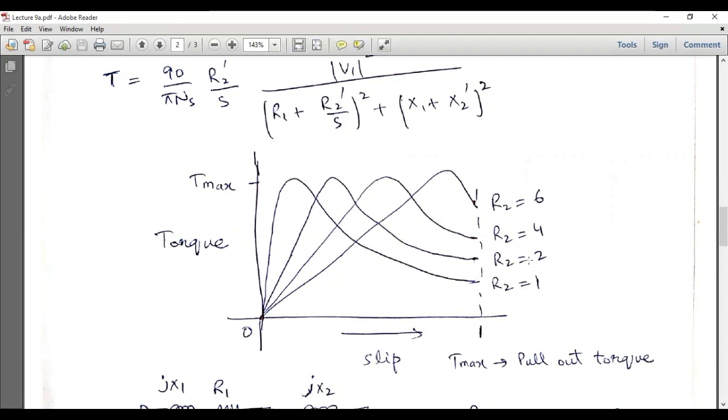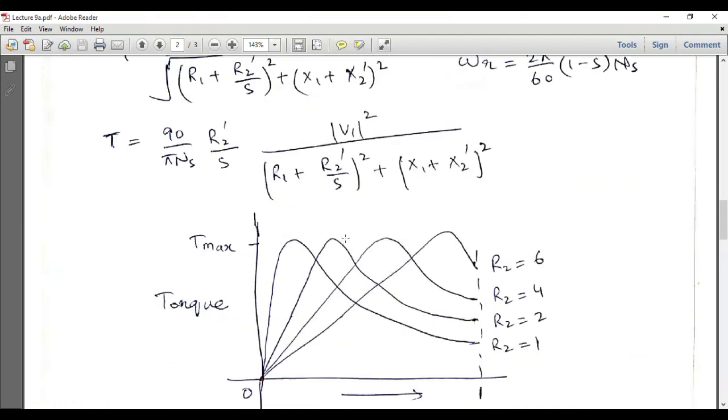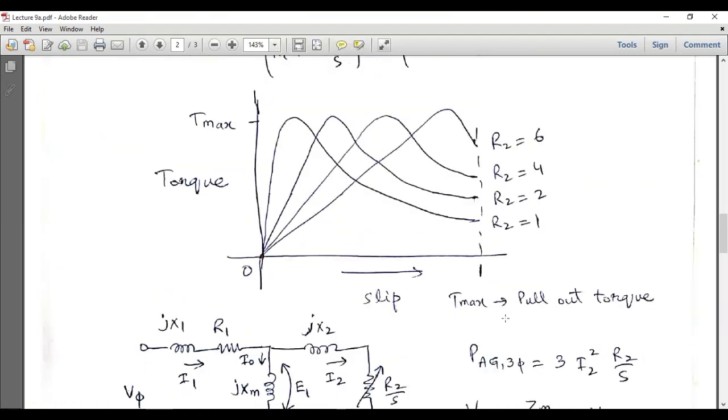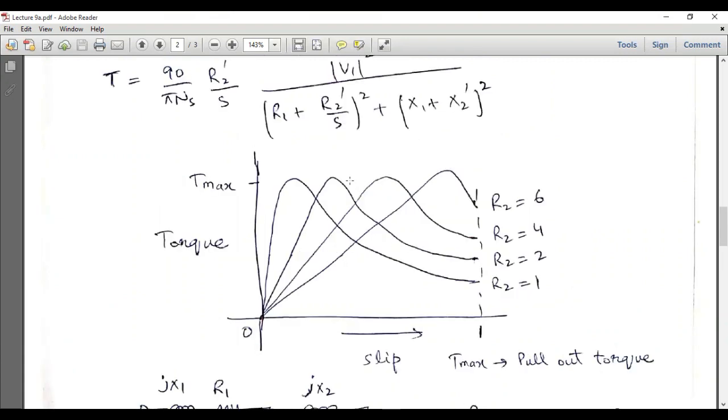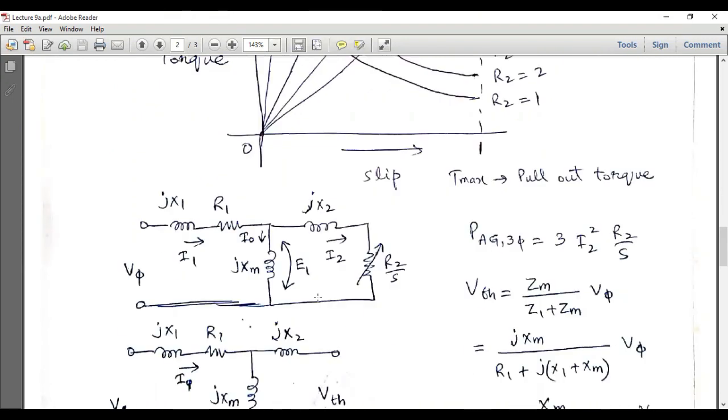And if we increase the rotor resistance, the maximum torque is the same, but the slip corresponding to the maximum torque is slightly increased, and so on. So this Tmax, which is the maximum torque, is also called the pull-out torque. And I will show you later how these curves can be obtained for different values of rotor resistances.